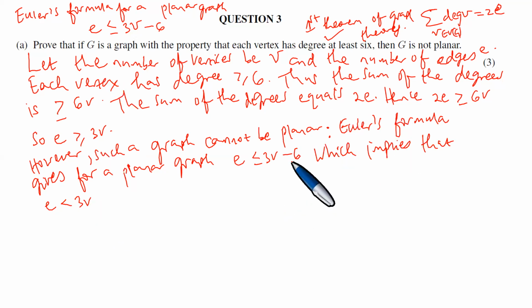If you drop the minus 6, because if you subtract 6 then these things are almost equal, it means E itself is going to be much smaller than 3 times the number of the vertices.